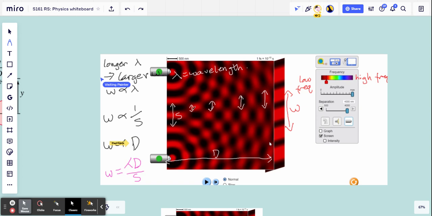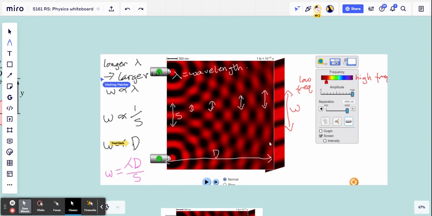You can see here the W is getting further and further apart as you get further away. It's also dependent on the distance between the two slits, or in this case, the two lasers. And we noticed that if you were to double the distance between the two lasers, then you'd halve the distance between the fringes.